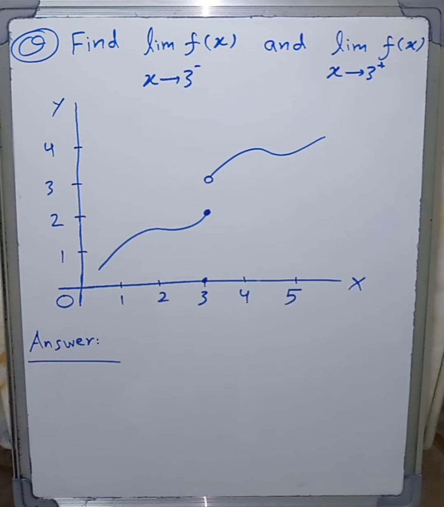If we move towards 3 from the left side, where f(x) will approach, we have to see, as x moves towards 3 from the right side, where the value of f(x) will approach. And using these ideas, we will try to write the values of the left hand limit and the right hand limit.